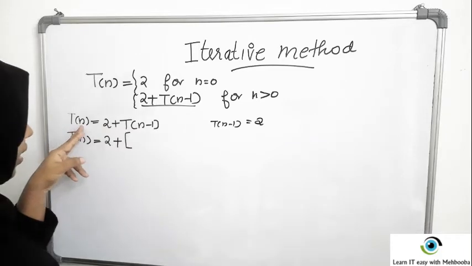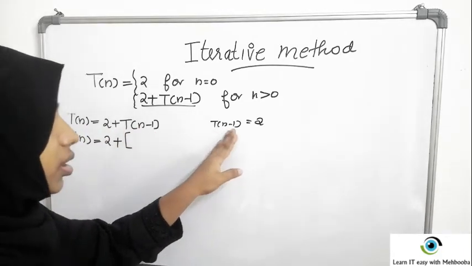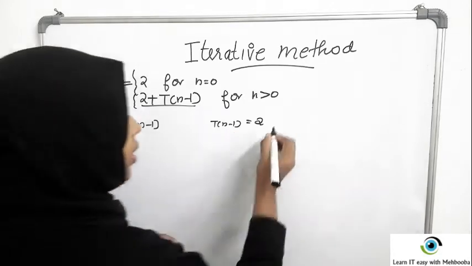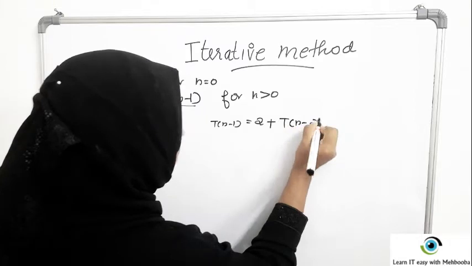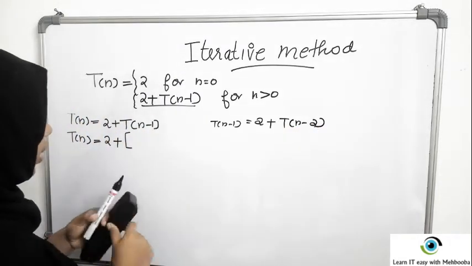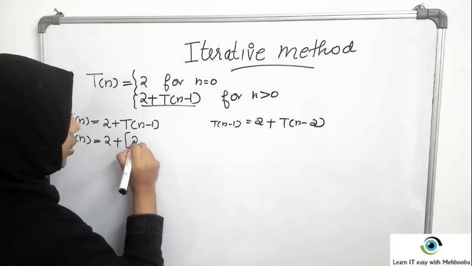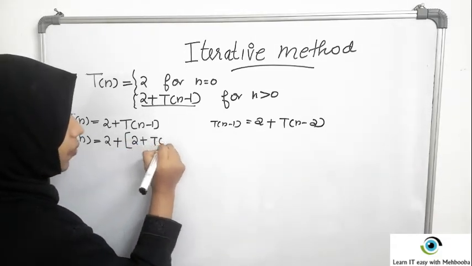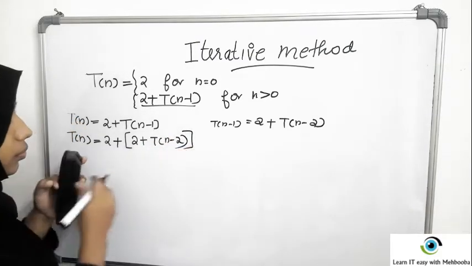When it is n here, it is n-1 here, so when it is n-1 here, that will definitely be T(n-2) without any doubt, isn't it? So instead of T(n-1), we can write 2 + T(n-2).